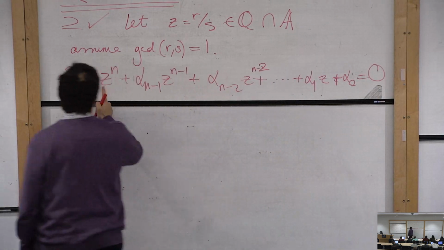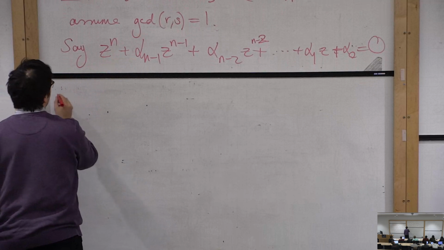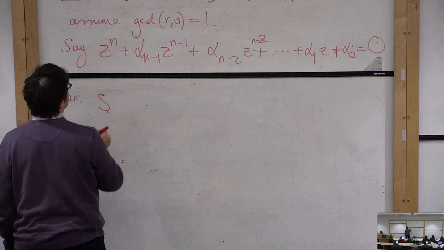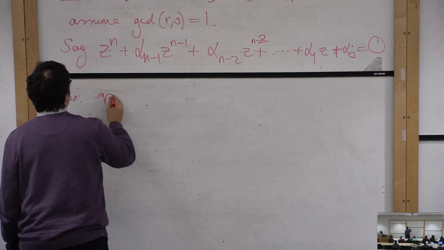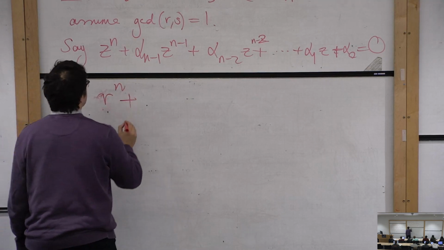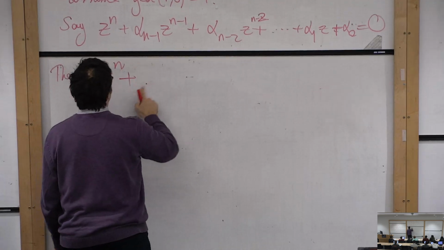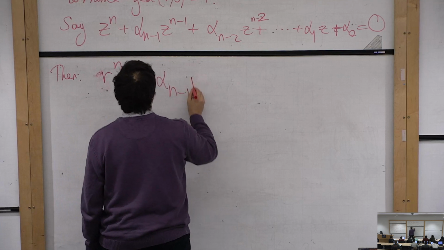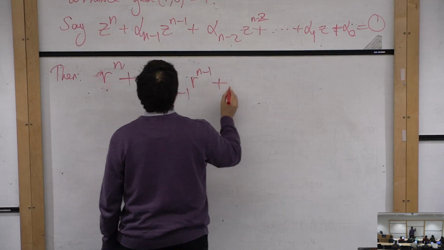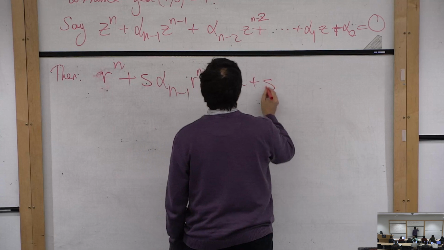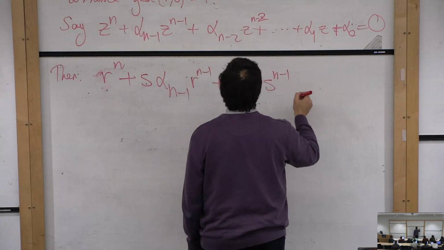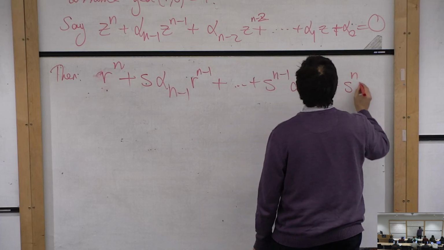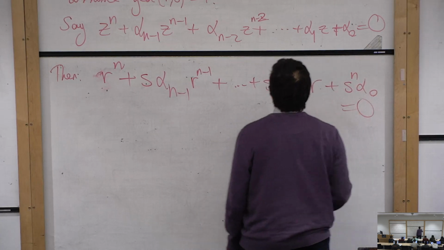And then plug in z is r over s and multiply by s to the n. What do we get? We get r to the n plus s alpha n minus 1 r to the n minus 1 plus dot dot dot plus s to the n minus 1 alpha 1 r plus s to the n alpha naught is 0.